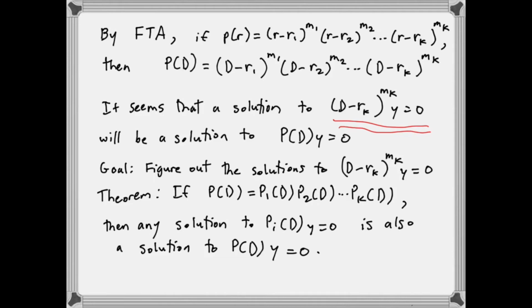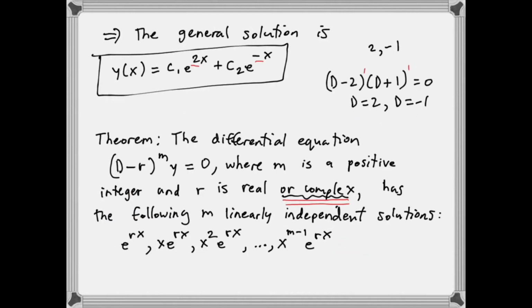However, the problem is that your ri's, all of these r's, some of them might be complex numbers, right? When you factor a polynomial, you do get complex numbers sometimes. I'll give you the simplest example of this.